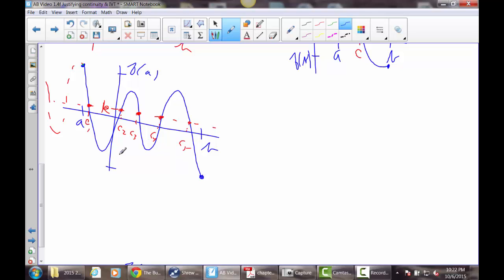So if k is any number between negative 3 and 7, you're going to have to pass by that height at least once. Well, in this particular case, I pass by the height k 1, 2, 3, 4, 5 times. So there are 5 values of c between a and b, such that f of c will equal k.